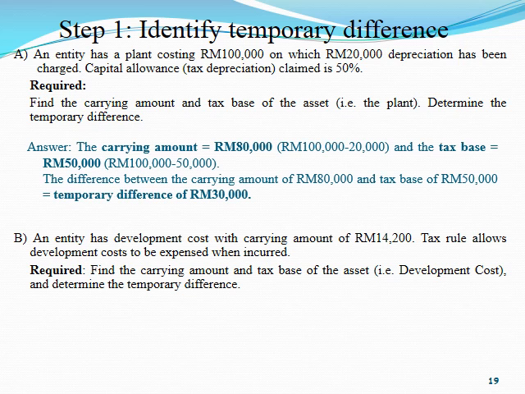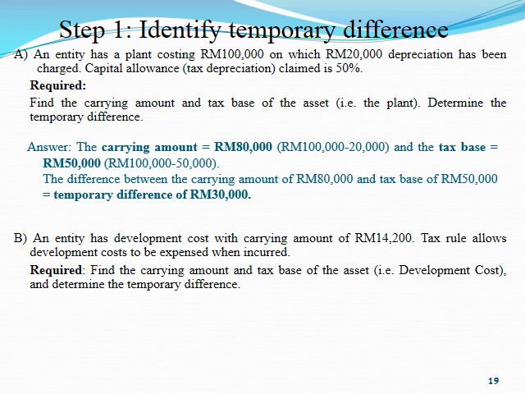The carrying amount for this plant is Rm 80,000, in which we deduct the 100k cost with the depreciation. Meanwhile, the tax base is just 50,000, when we deduct 100k of the cost with the capital allowance claim. Therefore, the temporary difference for this asset is 30,000.